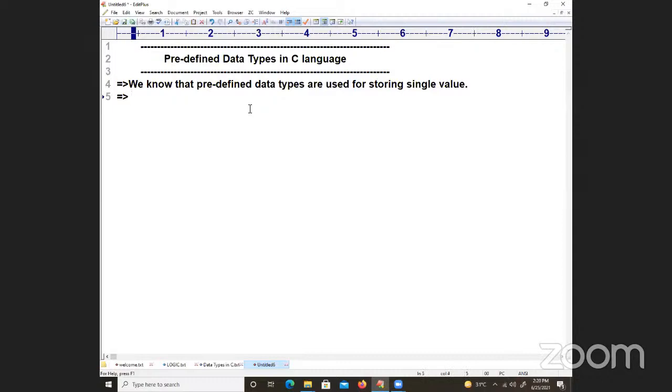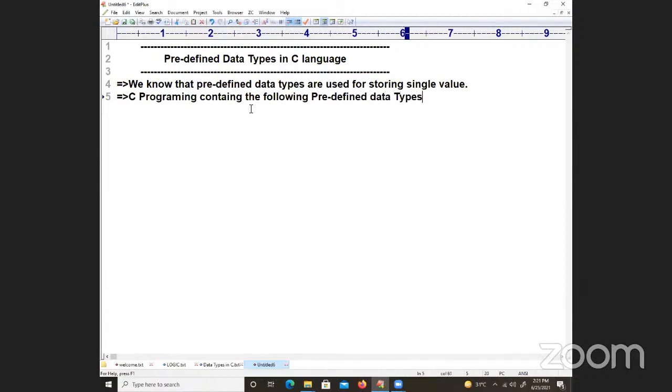As a part of C programming, we have certain data types which are internally divided into a lot more. C programming contains the following predefined data types. See carefully.